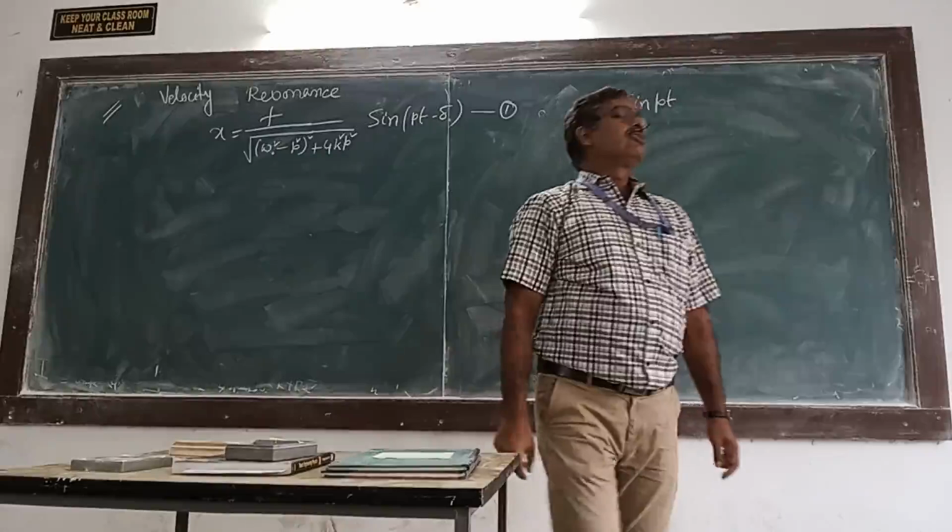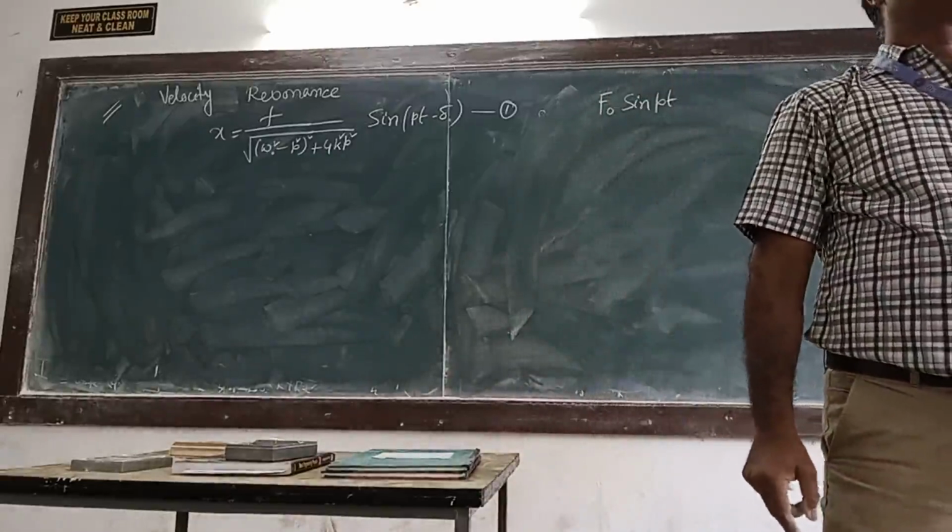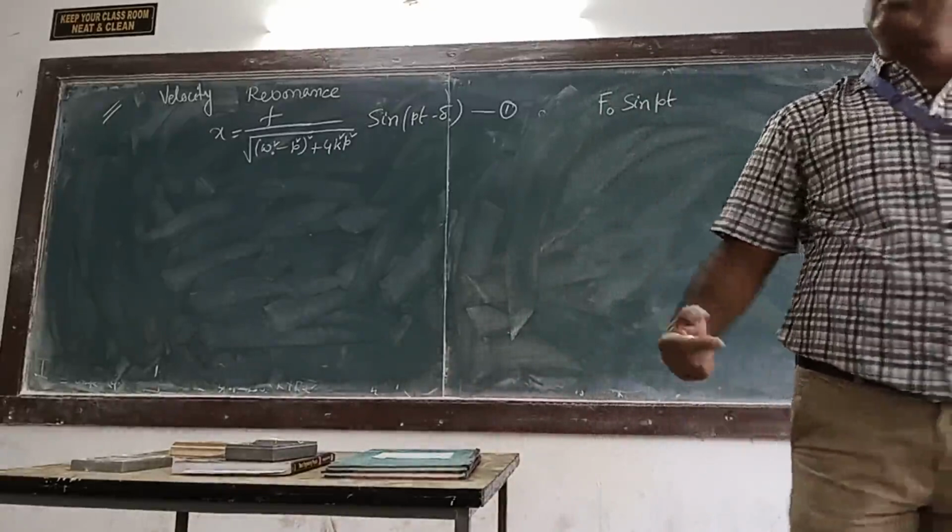So what is the velocity now? How will we get the velocity from here? dx by dt.